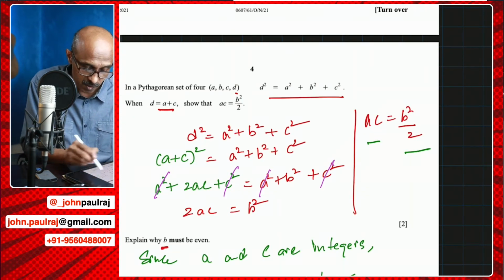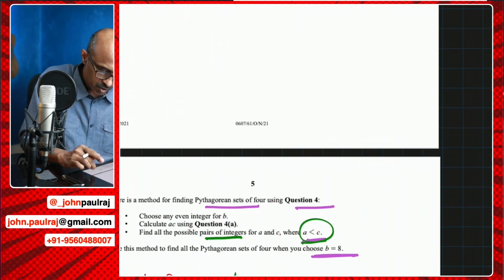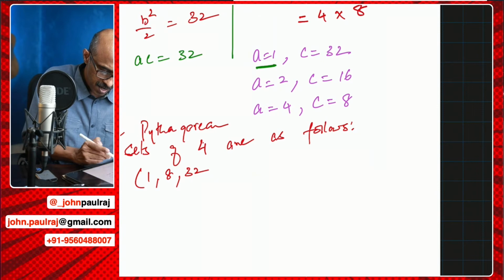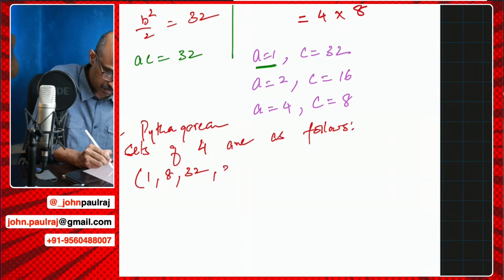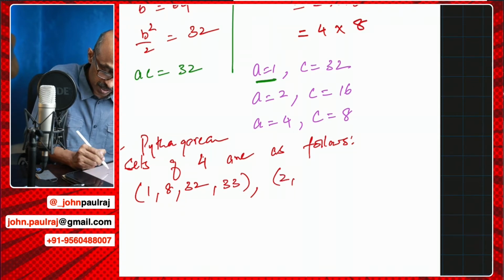That's how we have used this: ac is equal to b squared over 2, and d is equal to a plus c. So d should be 33. That's one set. The other set can be a is 2, b is still 8, c is 16, and a plus c is going to be 18.